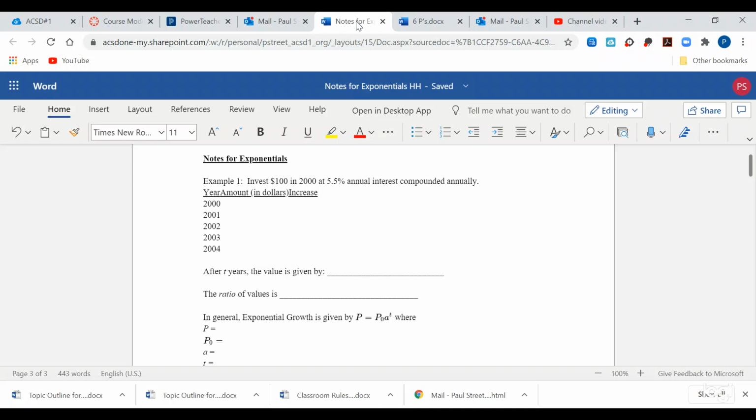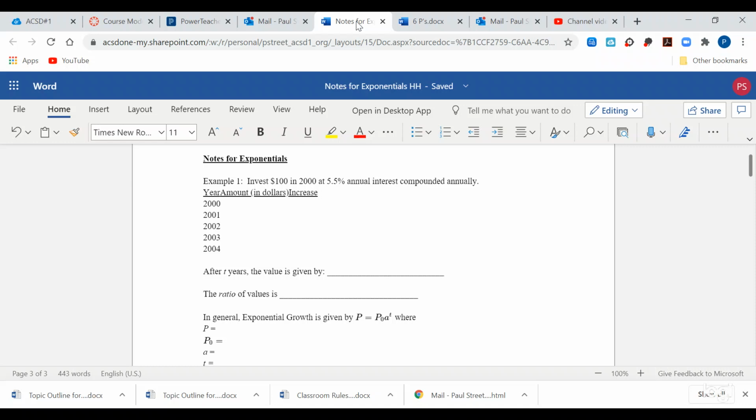And then you can do the same when you take the 111.30 divided by 105.50. That's that ratio. And the same thing for the amount you had in the year 2003 divided by the amount you had in the year 2002. What is that going to be each time? Can you tell? It's the 1.055. Yeah, so that ratio is going to be the 1.055.